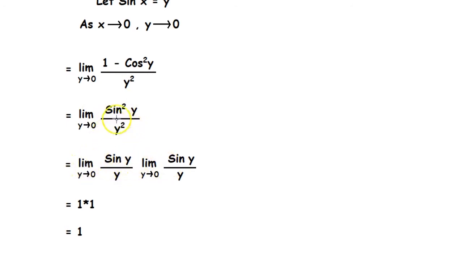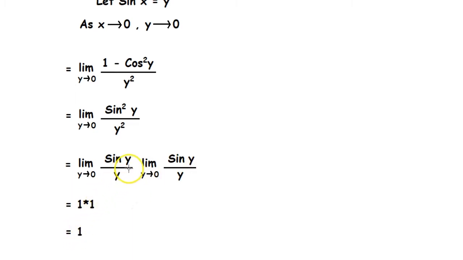So that will be limit of sine y divided by y as y tends to 0 multiplied by limit of sine y divided by y as y tends to 0. So this will be equal to 1 multiplied by this will be equal to 1. So this gives a final answer 1.